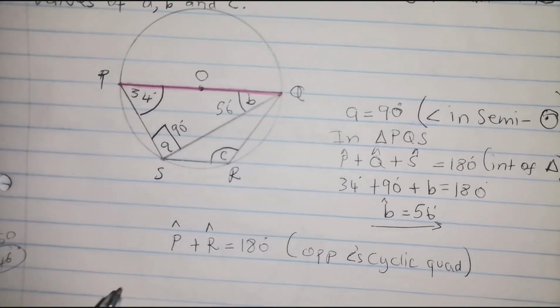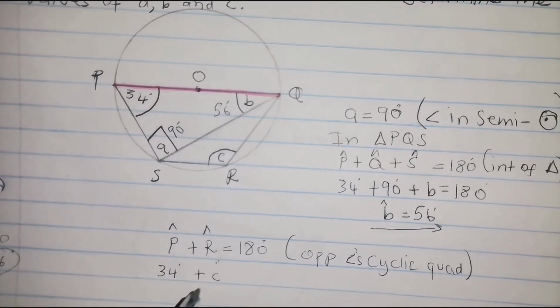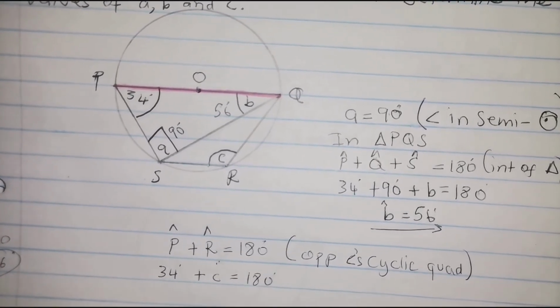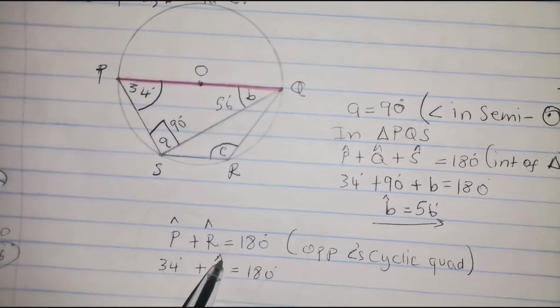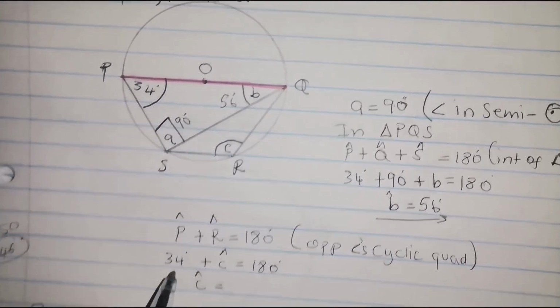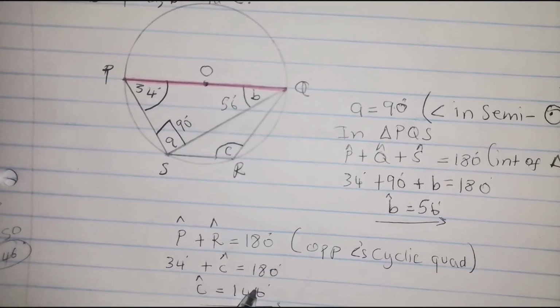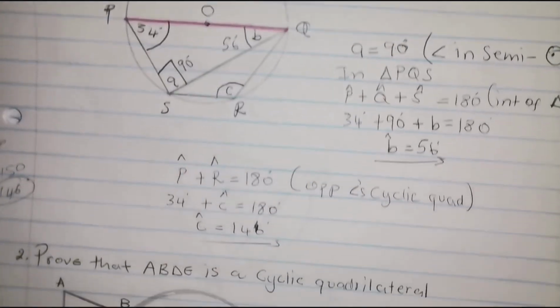And what is the value of angle P? 34. Angle R plus angle P equals 180 degrees. Therefore, angle R is going to be equal to 180 minus 34, which is 146 degrees. I hope you guys understand what I'm talking about here.